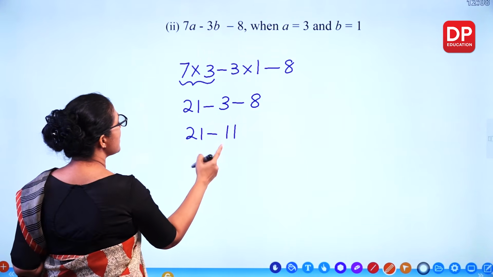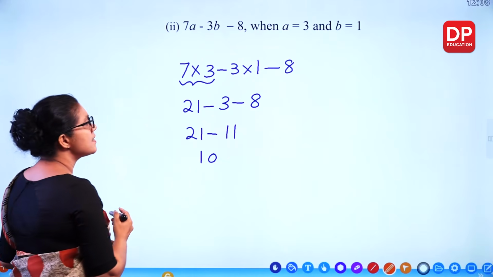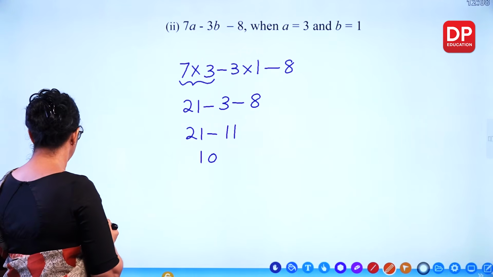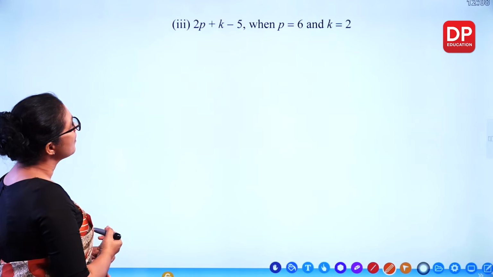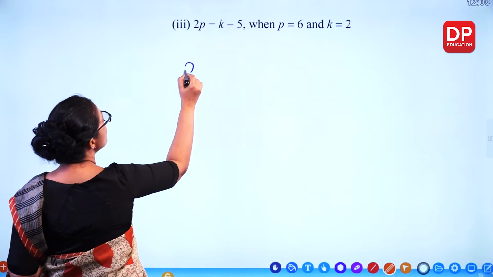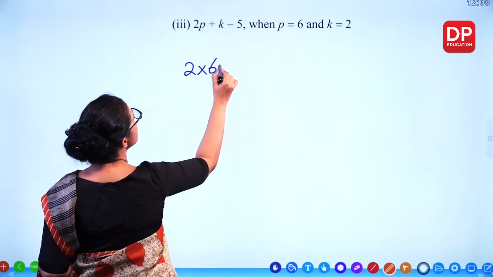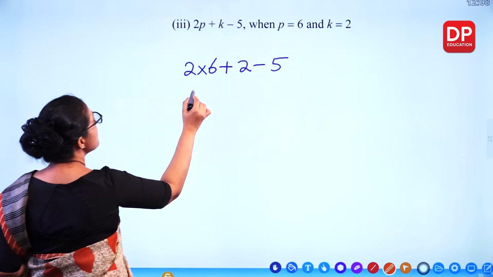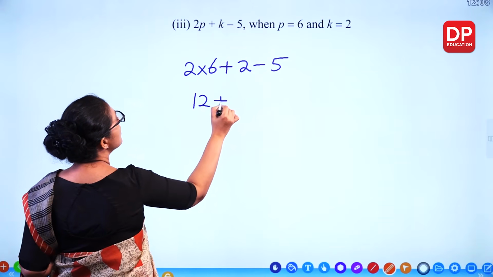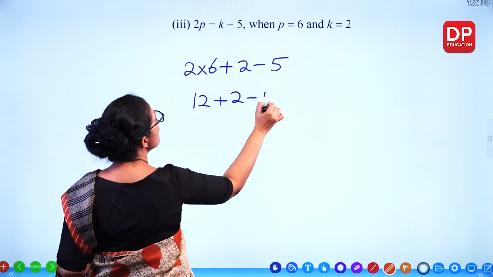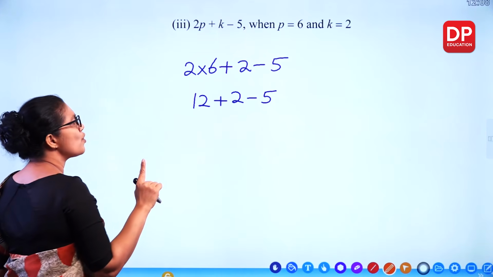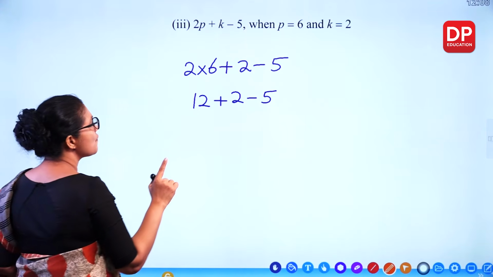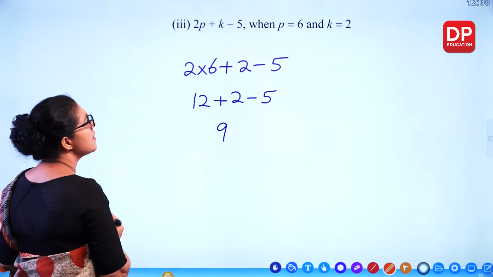So 21 minus 11 is 10. What's the value here? 2, p equals 6, k equals 2. 2 times 6 is 12. 12 plus 2, 14. 14 minus 5, you get 9.